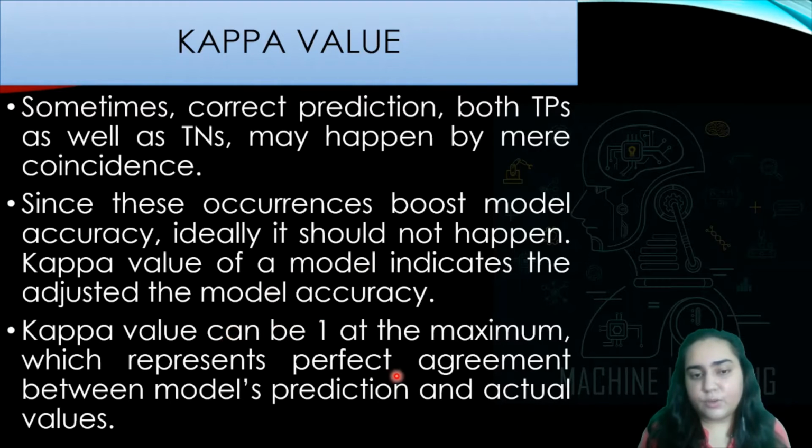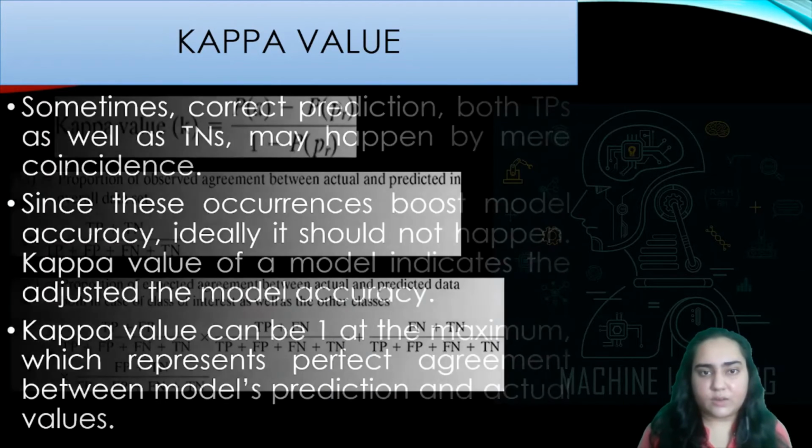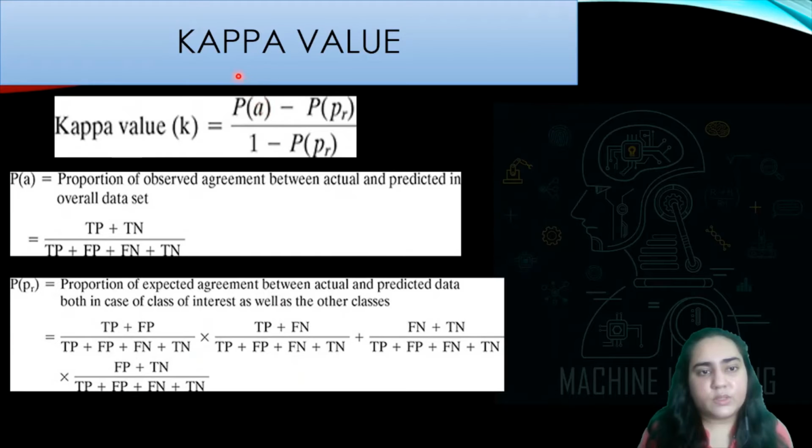Now the kappa value can be 1 at the maximum, which represents a perfect agreement between the model's prediction and the actual value. So if the kappa value is 1, that means there is a perfect agreement. The model is completely accurate. Okay, and anything less than 1 means there is some inaccuracy, which is the case with any kind of model, right?